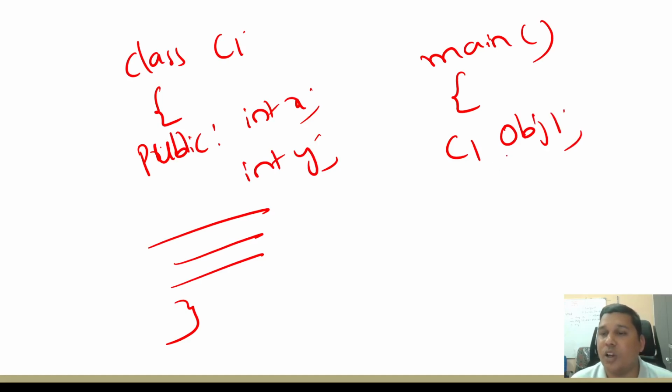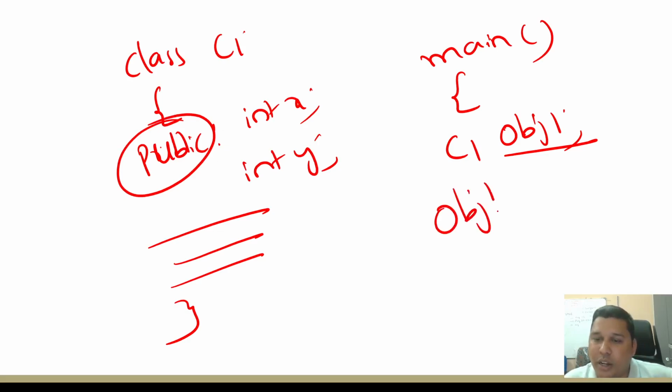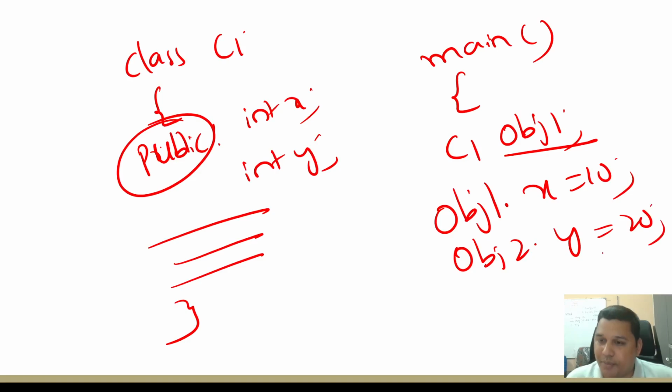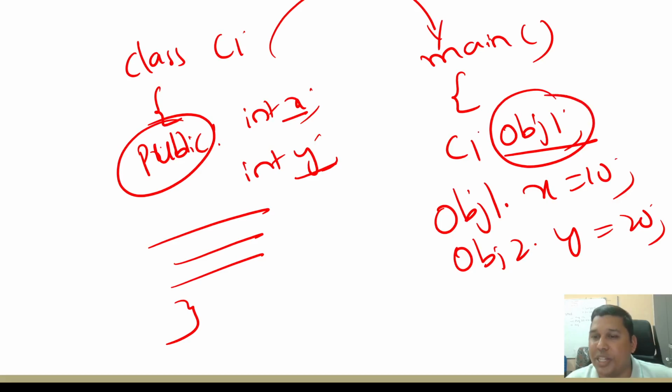Since these are public, using object 1 dot x, I can give 10, and object 1 dot y equal to 20. I am able to access the public variables x and y outside the class, in main, using the object obj1 of class C1.